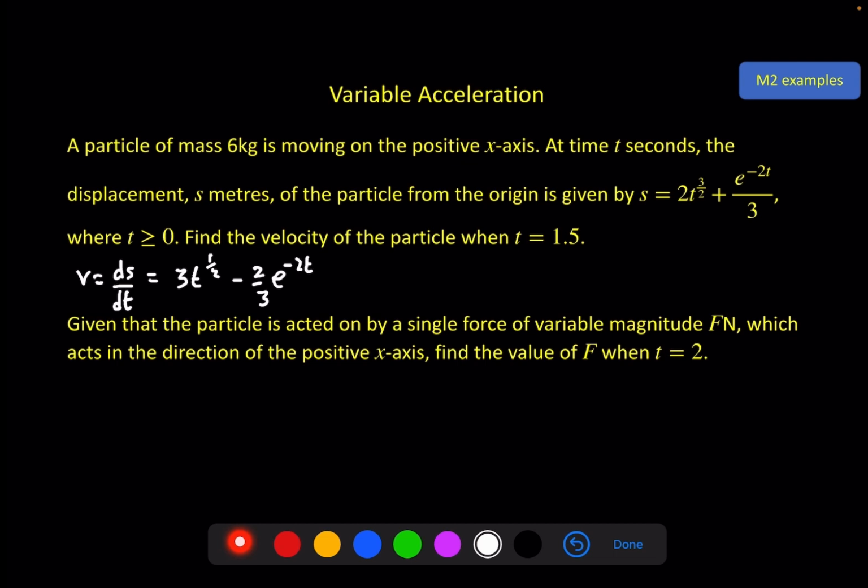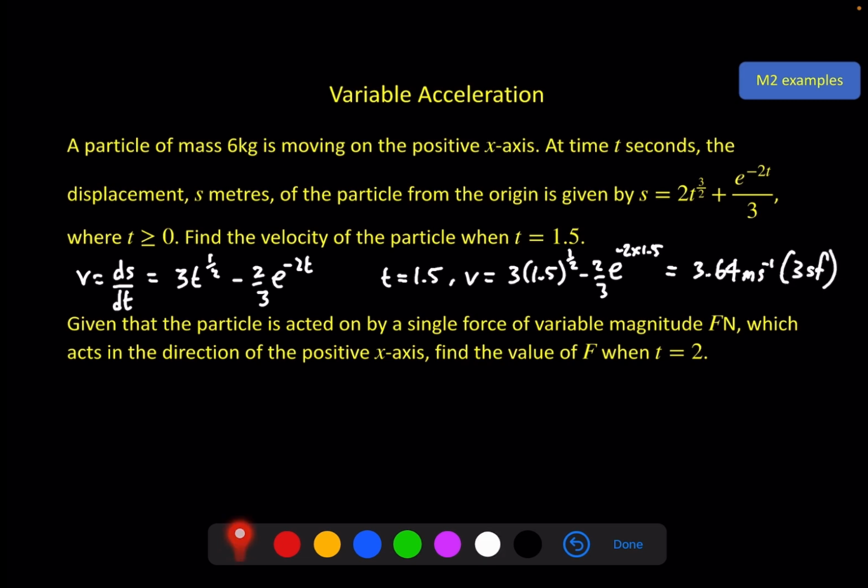Now I'm using that to find the velocity of the particle when t is equal to 1.5. Which my calculator says is 3.641, so 3.64 meters per second to 3 significant figures.